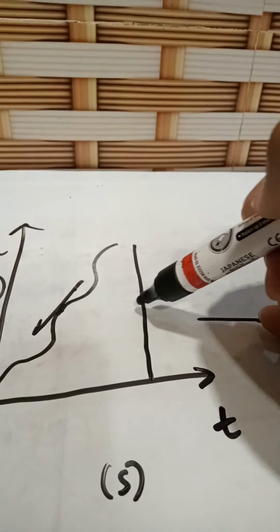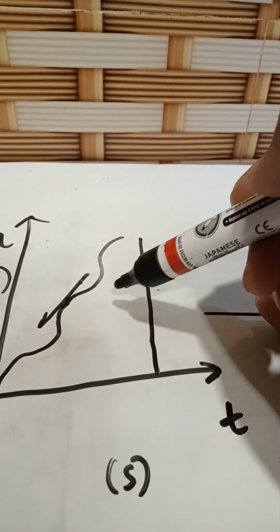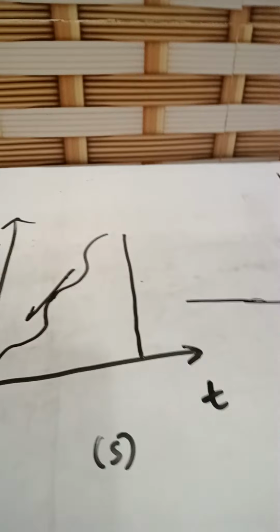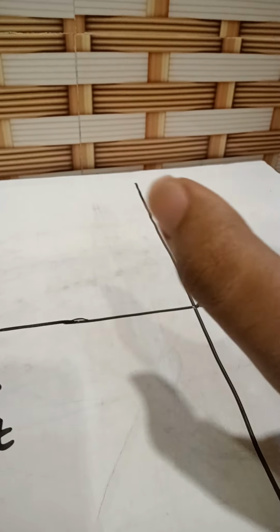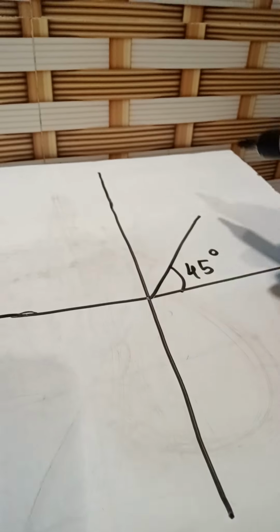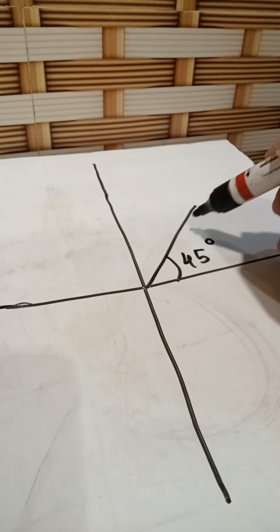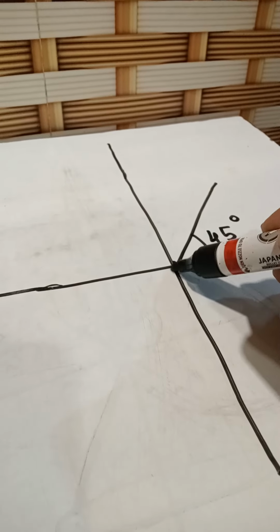This is the same graph of light which we just discussed, which was parallel to the y-axis. Now we have transformed our coordinate system in such a way that it is traveling at 45 degrees graphically. Let's extend it to here.